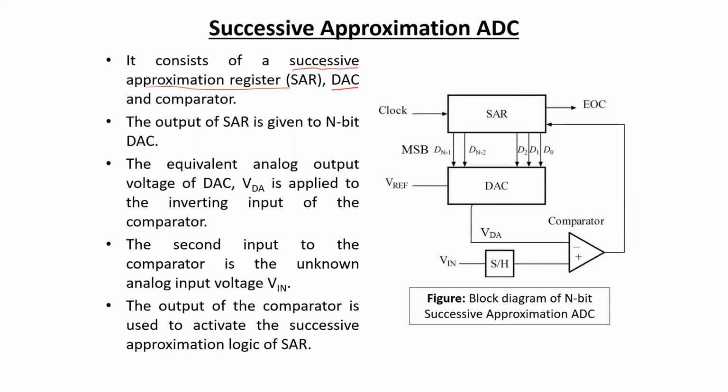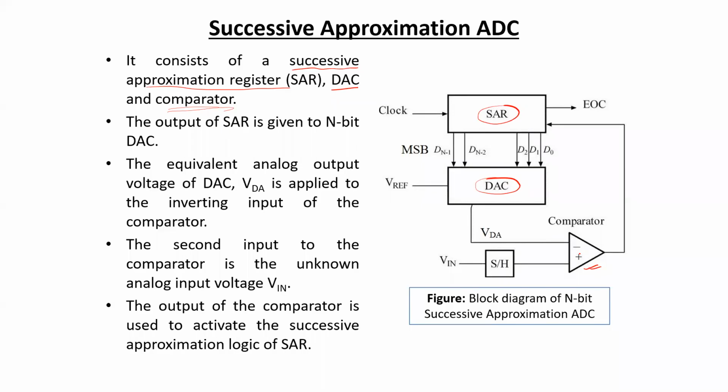The successive approximation register is shown over here using this particular block. The digital to analog converter is shown over here, and there is also a comparator in this design, indicated over here. So these are the main components of this particular type of ADC.